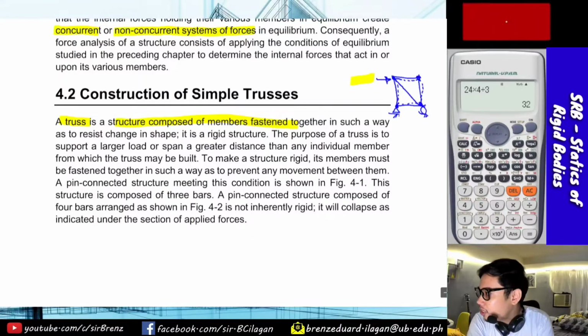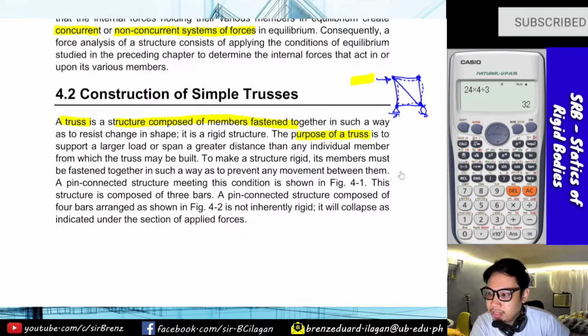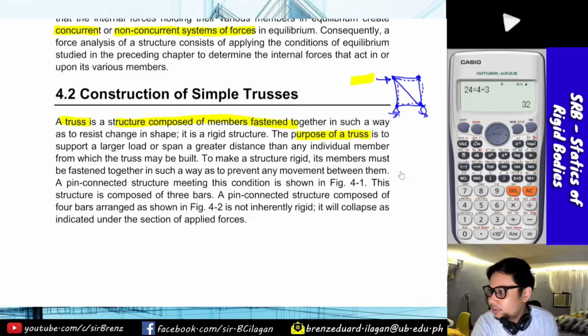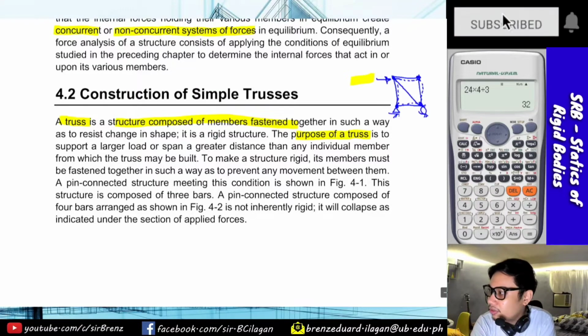So the purpose of a truss, ayan, is to support a larger load or span a greater distance than any individual member from which the truss may be built. So guys, I don't know if nakakapaglaro kayo ng mga application or games natin sa mobile phone. Meron kasi akong nalaro doon yung nagagawa ka ng bridge.